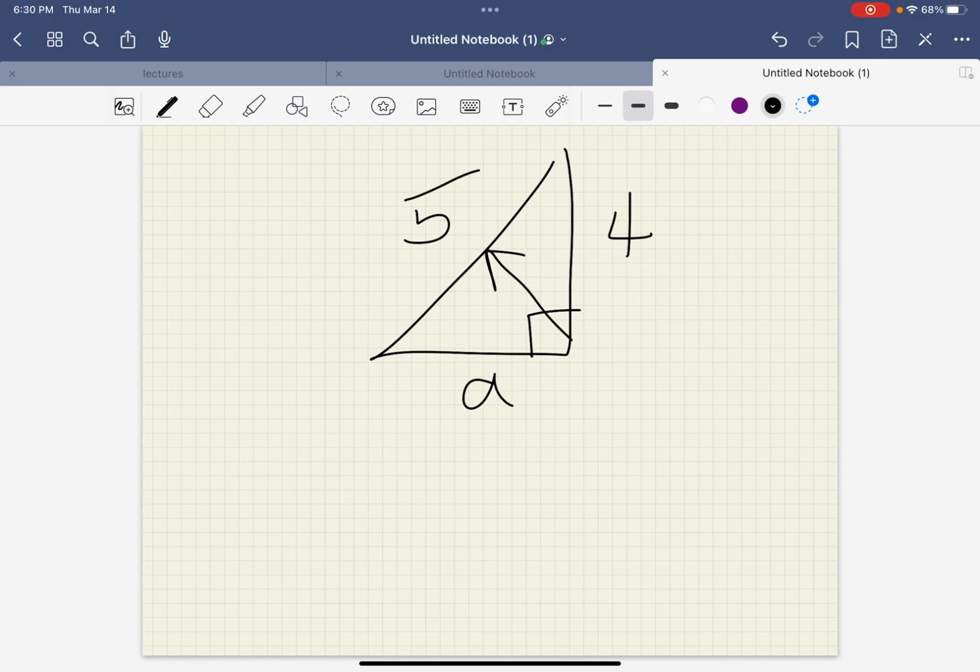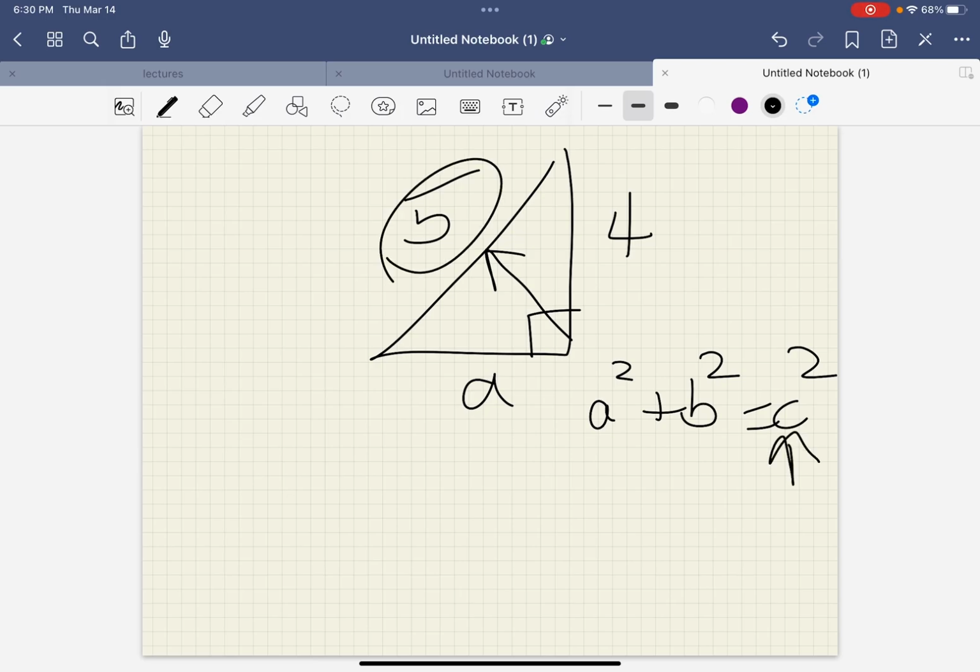So there's the hypotenuse. So write the formula, A squared plus B squared equals C squared. The hypotenuse has to go here for C. So this has to be 5 squared. Over here, these can go in any order. It could be 4 squared plus A squared or A squared plus 4 squared. That doesn't matter.